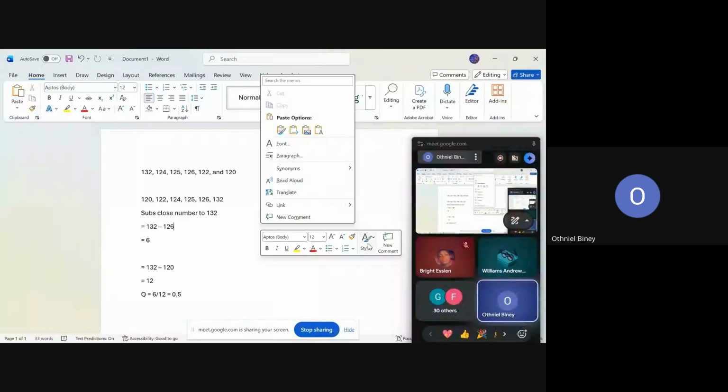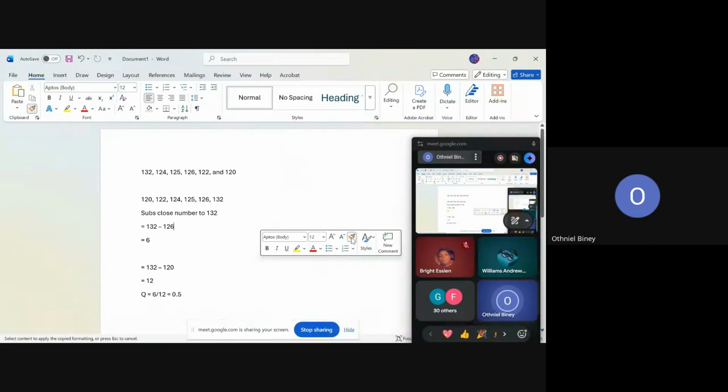Is it Styles? Ink? I can't see the screen. It should be ink something. Then you have to choose the Format Painter. It's like they'll write either ink or pen.